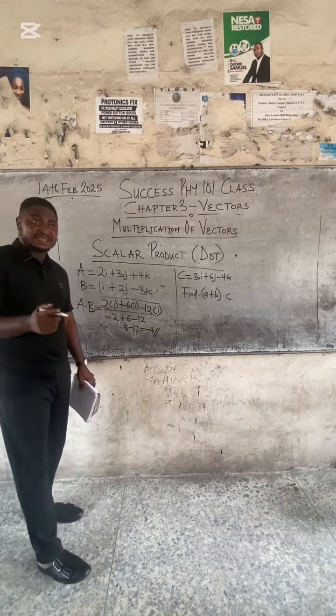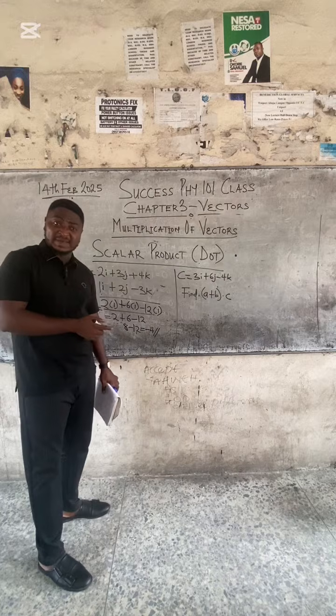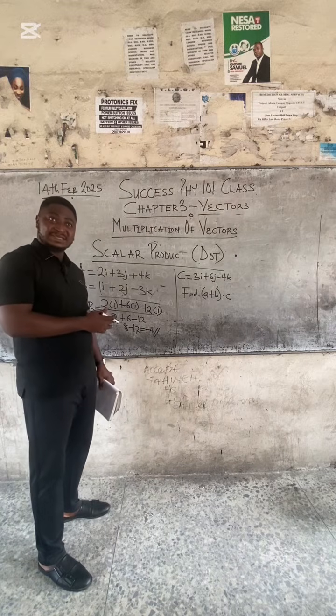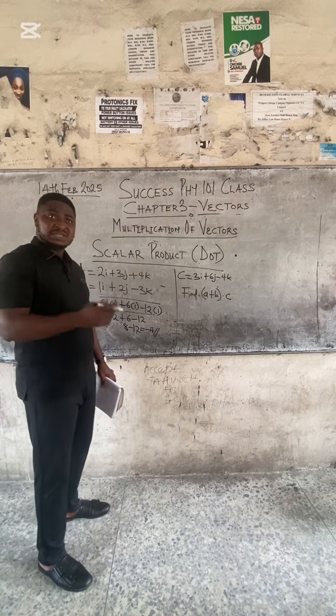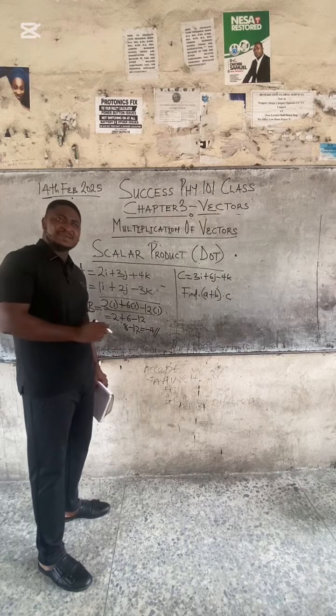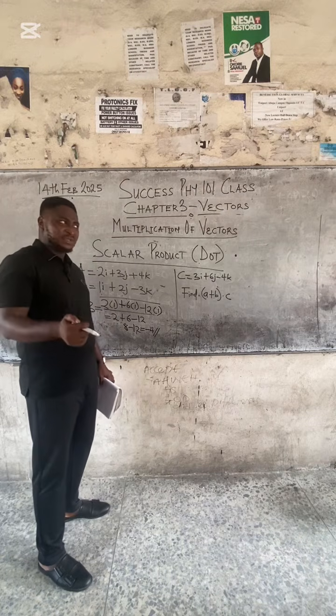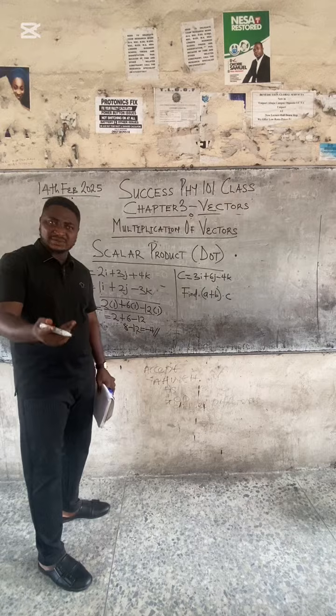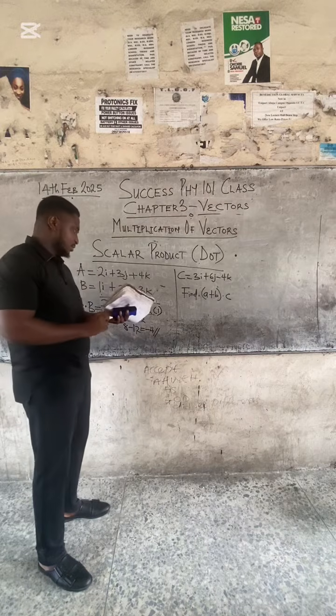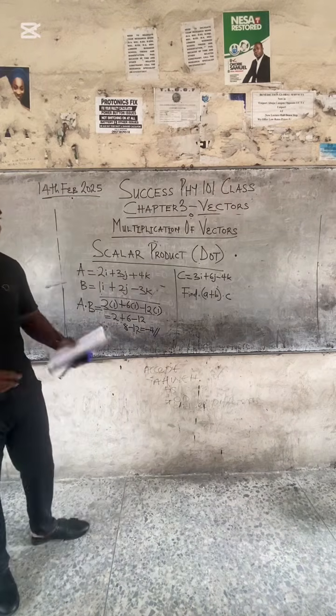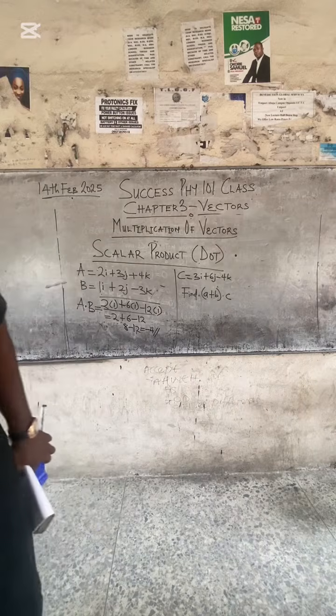I assume you have writing material. You're not watching a comedy skit. You're watching a class. This is physics. That's calculations. So anytime you're watching our videos, you should have your pen and your book. Pause this video, attempt this classwork so that you're making progress with the class. Find A plus B dot C.